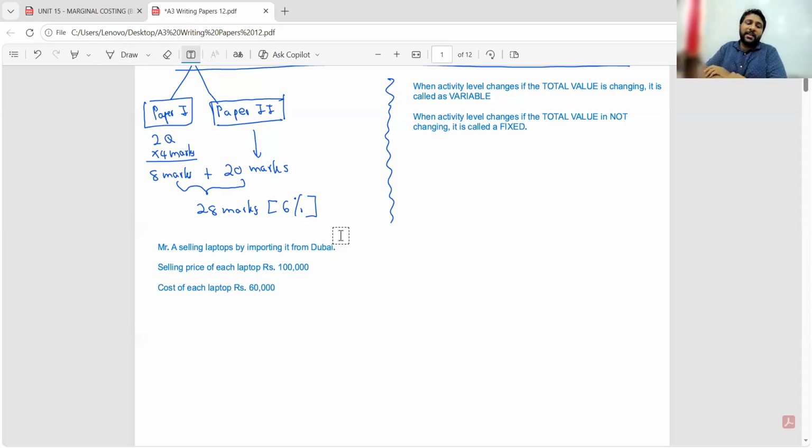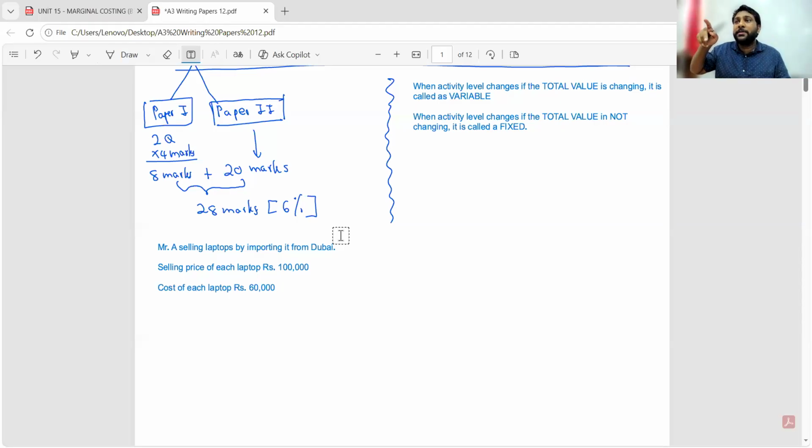So in this example, the cost of each laptop is there. Is the laptop cost a fixed cost or a variable cost? Think and tell me. When you buy one laptop, the cost is 60,000.